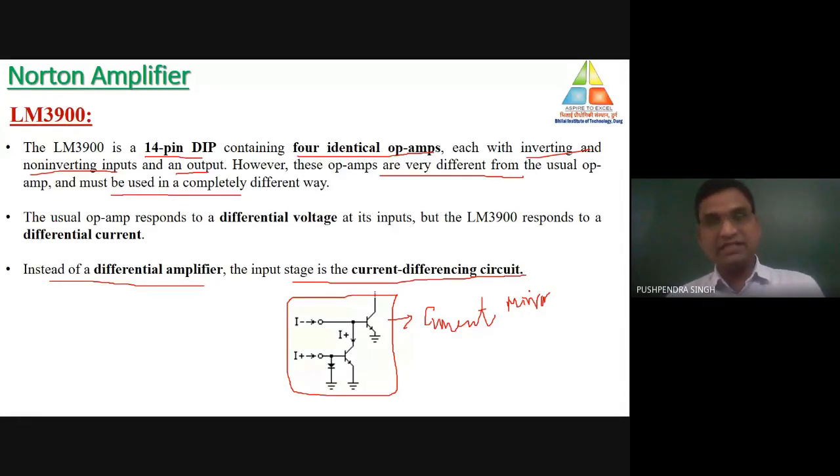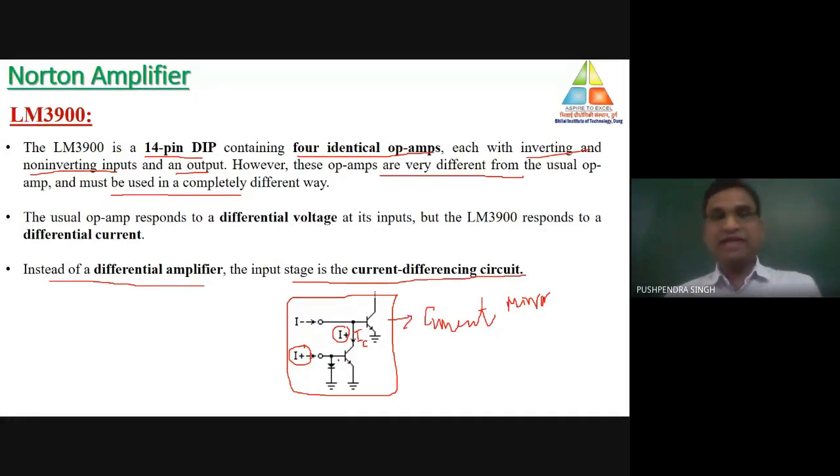That is the basic definition of the current mirror circuit. Here I plus is the input current to this transistor, and due to the current mirroring, this I plus must be equal to this collector terminal current.